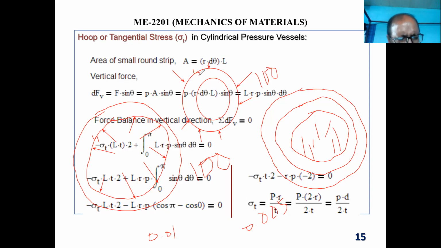So you need to make sure the interference is not that much, and contact pressure also not that much, right? But you know that there is a benefit if you put some interference. The benefit is that you can apply more pressure inside. Okay, so we will discuss it later on.